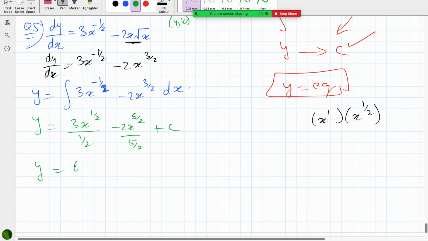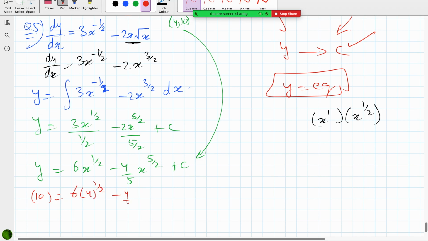So this becomes 6x to the power 1 by 2 minus 4 by 5 x to the power 5 by 2 plus c. This set of values given, x is 4, y is 10. 10 equals 6 times square root of 4 minus 4 by 5 times 4 to the power 5 by 2 plus c.